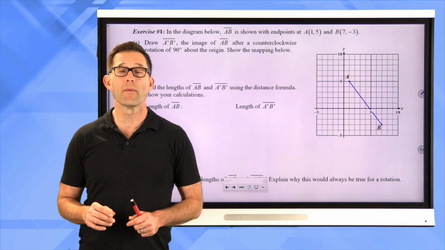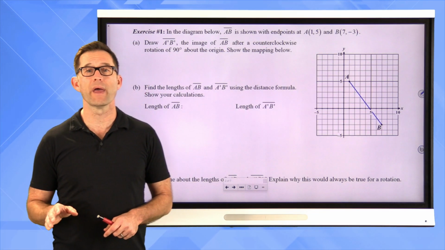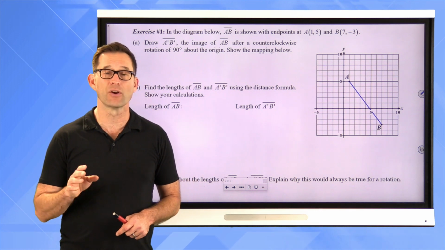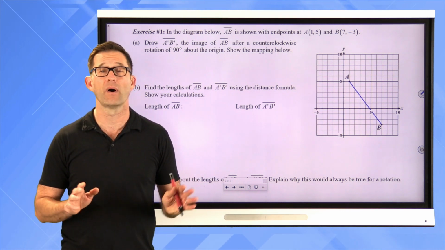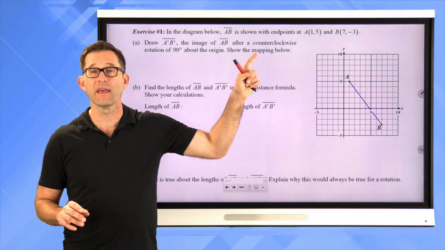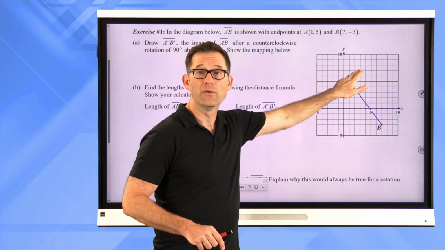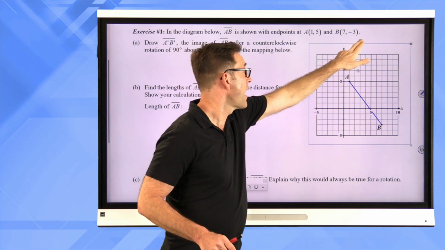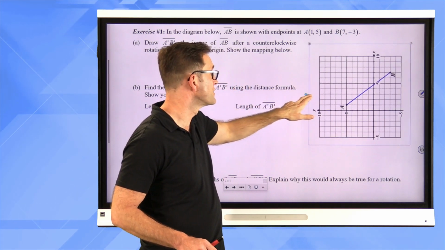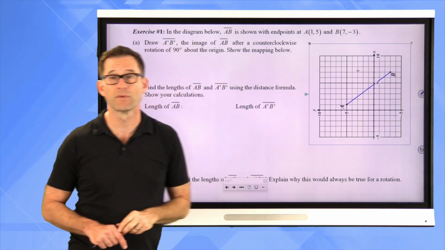All right, well remember, I have a very sophisticated way of doing rotations by 90 degrees, whether they're clockwise or counterclockwise. In this case, it's counterclockwise. So this is how I always suggest that you do it. You take your piece of paper and you rotate it 90 degrees counterclockwise, right?